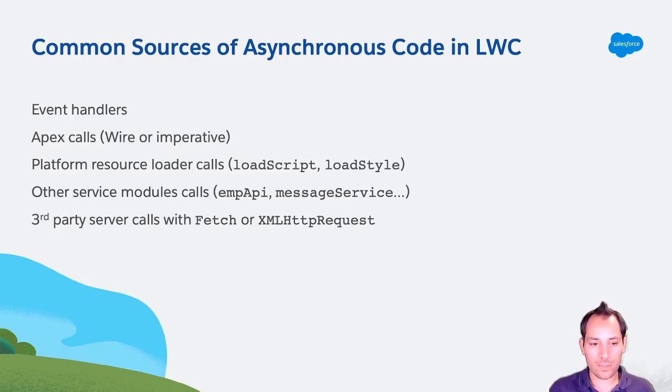You can also call third-party services or servers by using fetch or the traditional HTTP requests. So these are relying on the network, so these incur some latency and wait time. So we're going with asynchronous behavior there to avoid waiting and blocking operations.